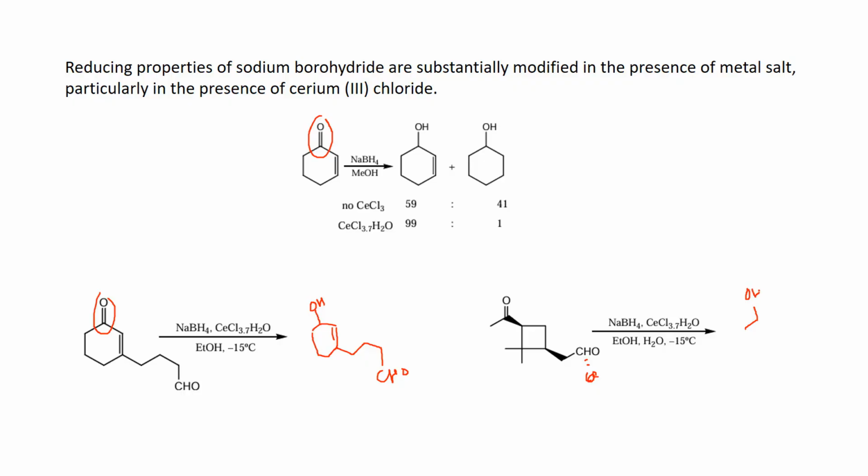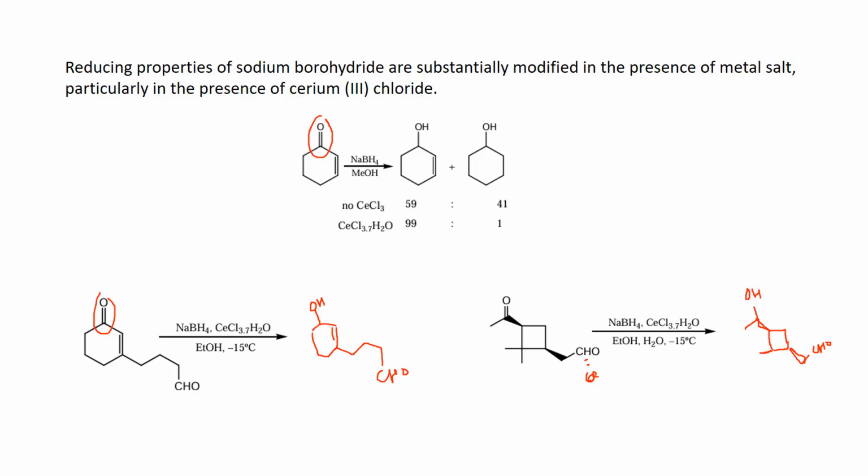So, if we want to draw an overview from this reaction, whenever you add cerium chloride along with the NaBH4, the second reactive group will react under this reagent system and give us our product.